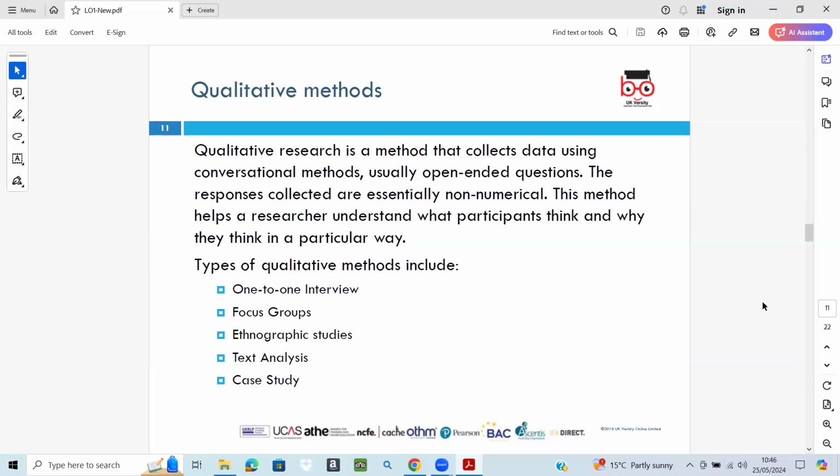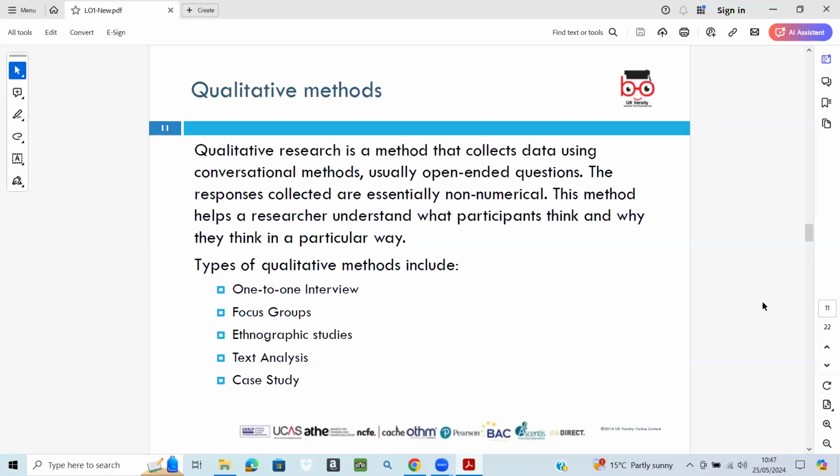Then some of the characteristics of qualitative research methods: we have open-ended questions, and we have subjective interpretation. We have rich descriptive data. We have flexibility. We have a participant-centered approach in qualitative research.